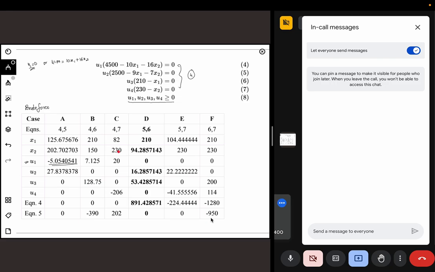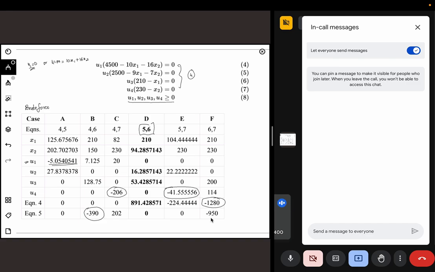I'll substitute x2 equal to 230 in equation 4, get the value of x1 and check all the values of u's. Then I got u to be minus 2 or 6, which is again negative. So this is also not happening. Again, you keep doing that, you'll have something or the other getting negative and the KKT conditions are not satisfied.